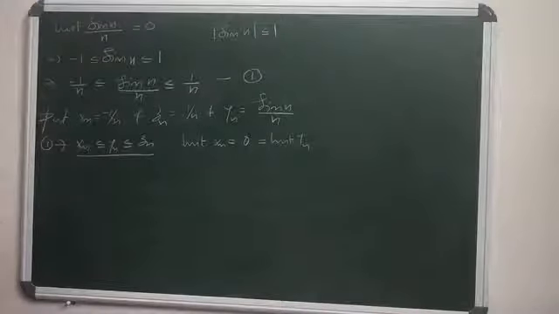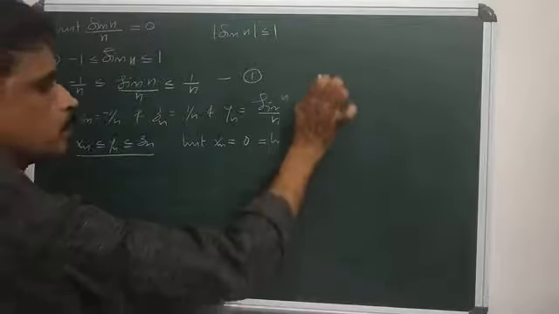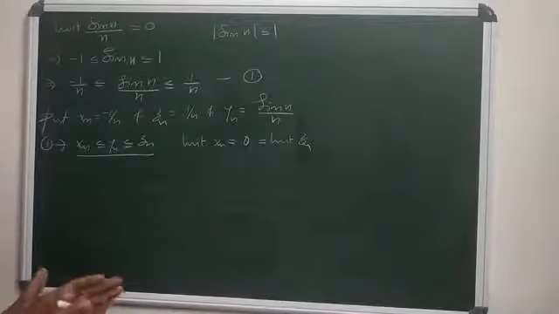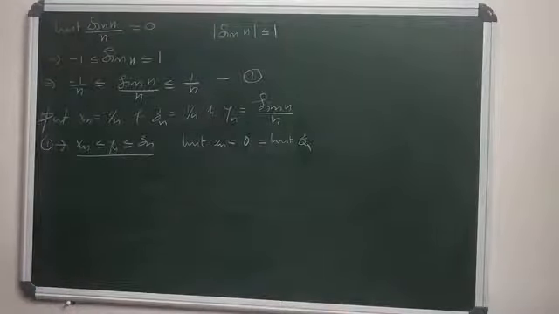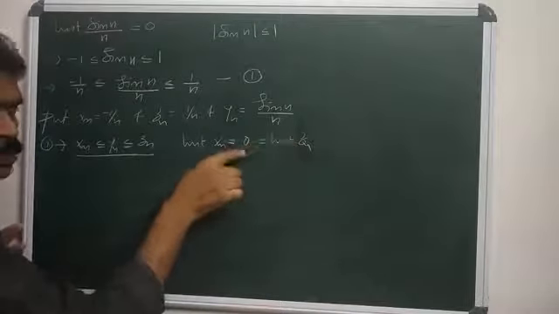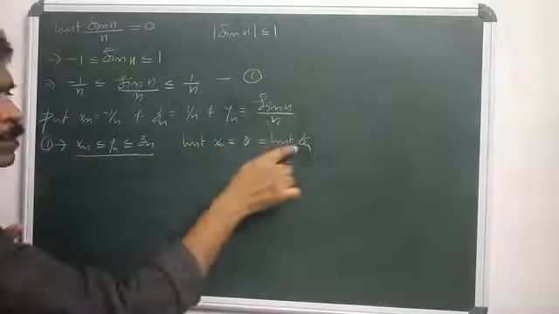The squeeze theorem states that when limit xn equals a and limit zn equals a, then limit yn also equals a. So here limit xn equals 0 and limit zn equals 0, which means limit xn equals limit zn.